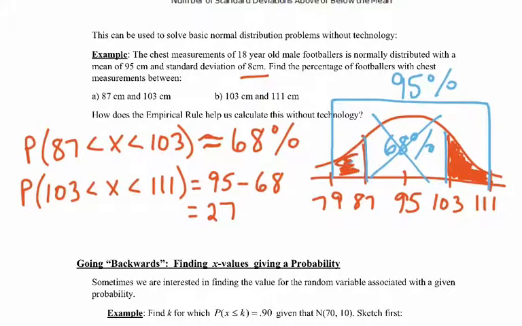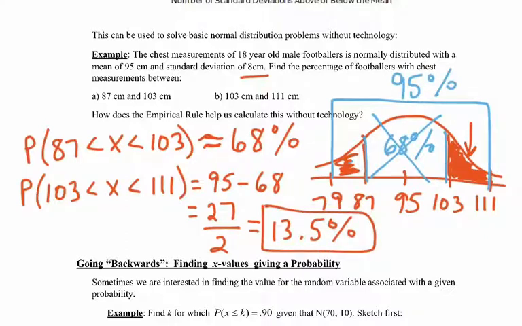Well, I don't want both of those, I just want this area. And because of the symmetry of the graph, we know those areas are going to be the same. So I'm going to divide that by 2 to get the area I actually want, and that puts me at about 13.5%. Okay, so there's about a 13.5% chance that if I randomly select a footballer in this group, they're going to be between 103 and 111 centimeters.